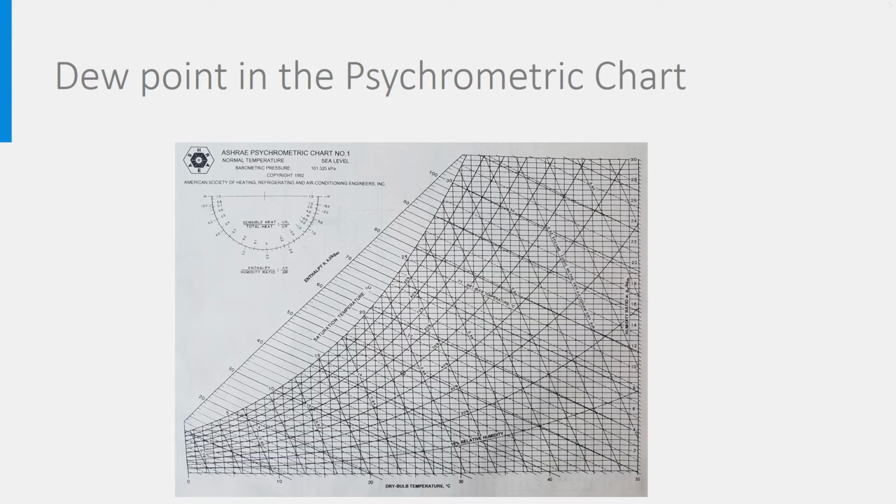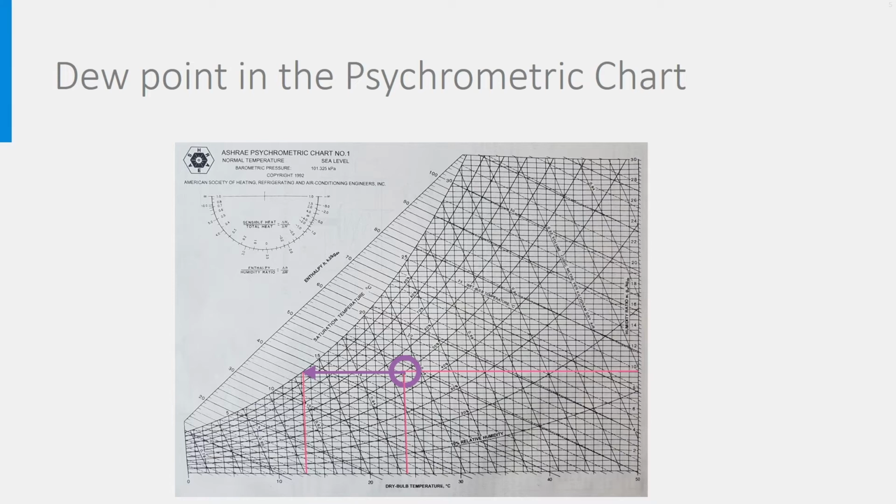How do these processes look like in the psychrometric chart? Let's take the same point as before in the middle of the diagram. The temperature of the air is 24 degrees, the humidity is 9.5 gram per kilogram. To find the dew point, we need to cool the air going to the left, therefore, until the saturation line and following the line of constant absolute humidity, which is horizontal.